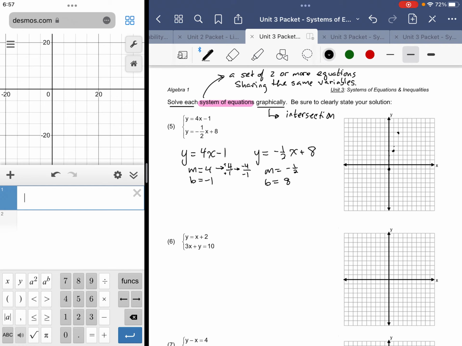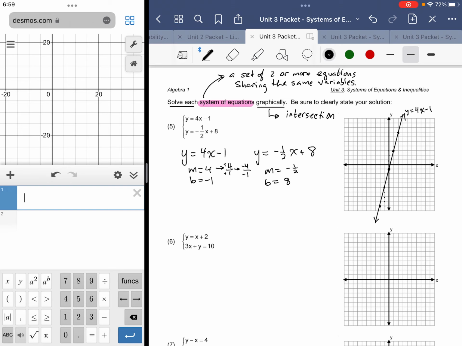So down 4, left 1, down 4, left 1. All right, draw a nice line passing through those points. Label it. All right, and then we have our first line.